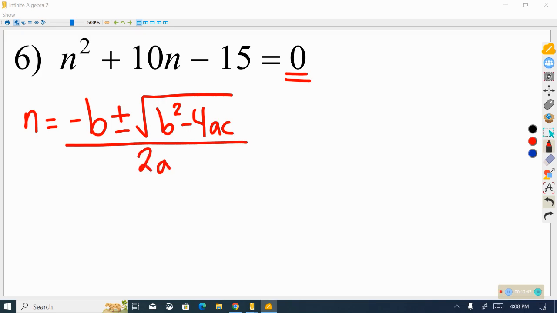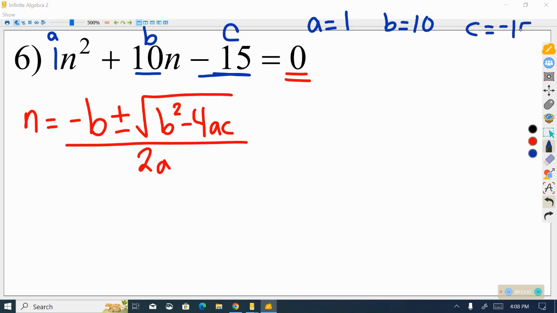The more times you copy it, the less likely you will be to forget it. We know that a is going to be the invisible coefficient of our quadratic term, b is going to be the coefficient of the linear term, and c is the constant term. So we have a equals 1, b equals 10, but c equals negative 15 because there's a negative sign there.